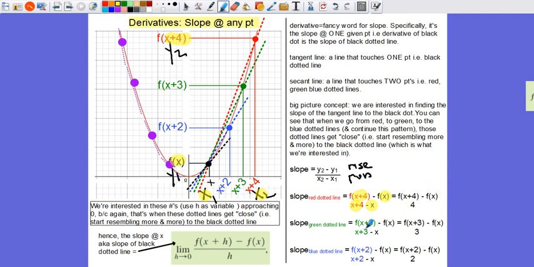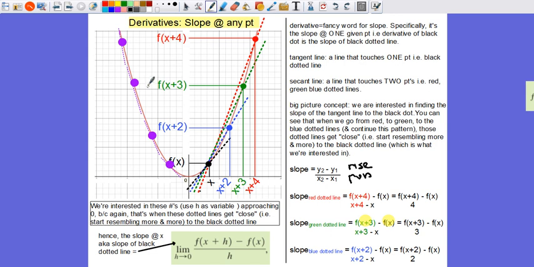Now the same idea happens. Let me ungroup these and erase this. The same idea basically goes for the green dotted line. These two are related.